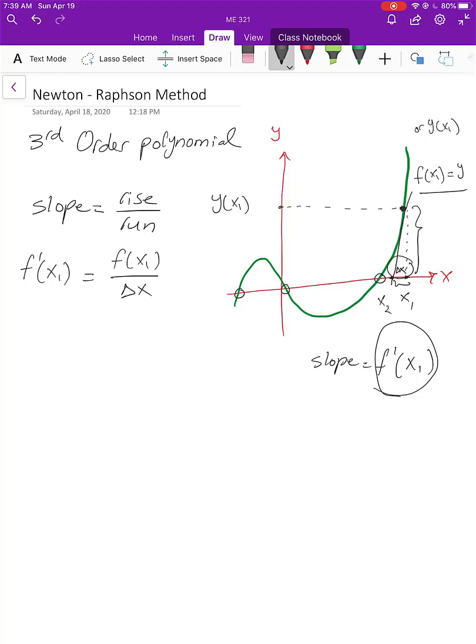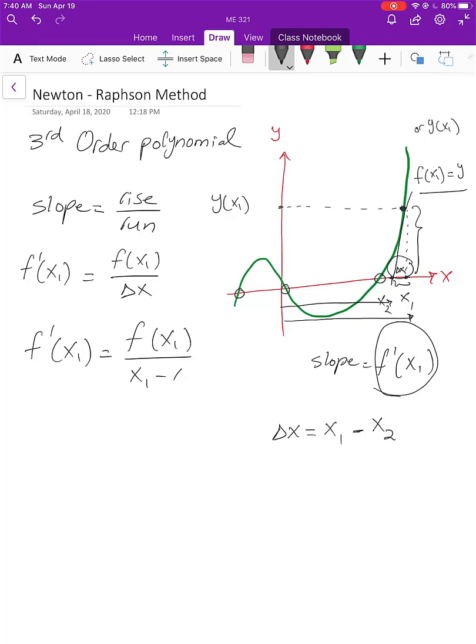So what is delta x? Well, we can solve for delta x from the graph. Delta x will be equal to that distance, which is x1, minus that distance, which is x2. We can substitute for delta x, so we have f prime of x1 is equal to f of x1 over x1 minus x2.